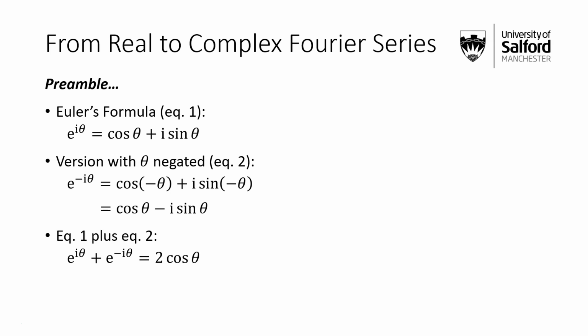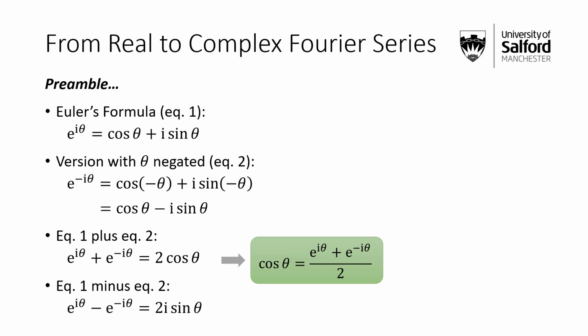And if I add these two functions, I'll find that the imaginary parts cancel, the real parts, the cosines, add, so I get 2 cos theta. And if I rearrange that, I get this classic formula for cos theta expressed in terms of complex exponentials. Similarly, if I subtract them, then the real parts cancel and the imaginary parts add, so I get 2i sine theta. And that can be rearranged to this other classic formula that gives you sine theta from complex exponentials.